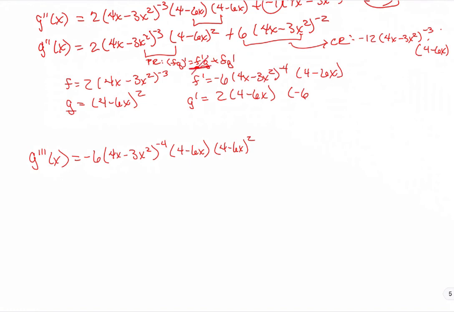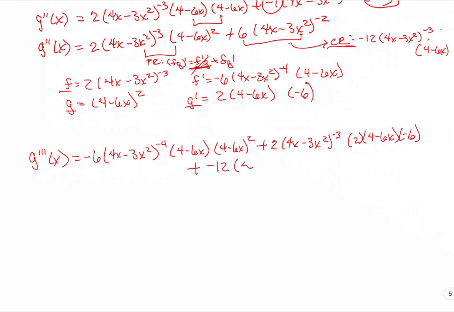Plus the f: 2 times (4x minus 3x squared) to the negative 3 times the g prime. So that's going to be 2 times (4 minus 6x) times negative 6. Now I add on plus negative 12 times, so now I'm doing the chain rule, (4x minus 3x squared) to the negative 3 times (4 minus 6x).